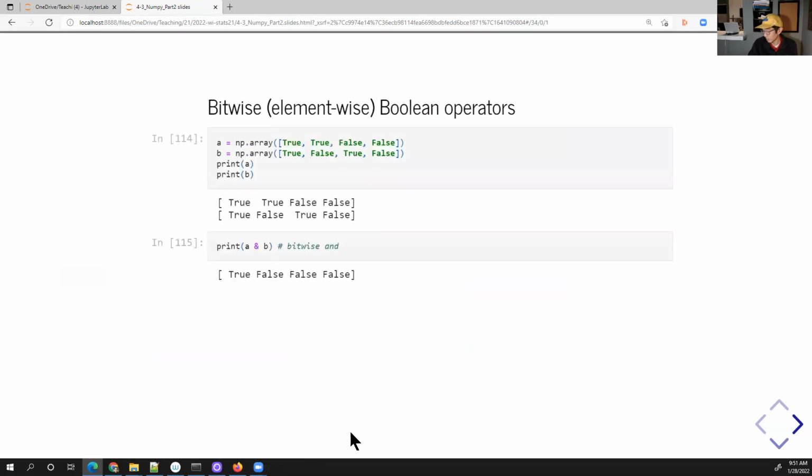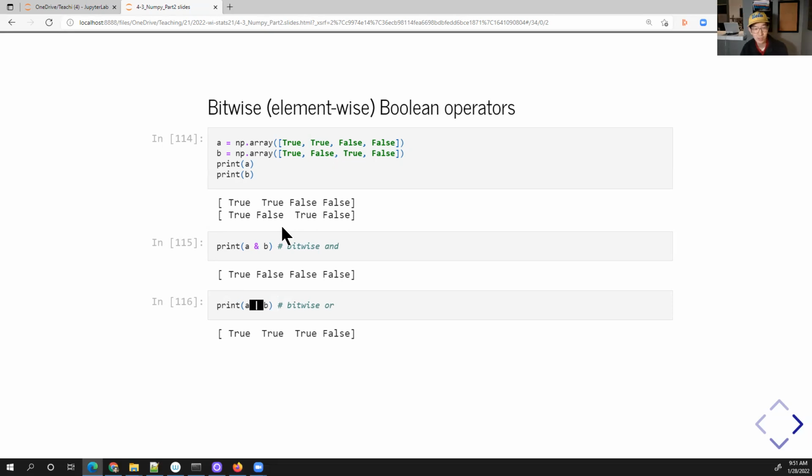You can do element-wise Boolean operations. So, you got the true, true, false, false. You have the and sign, ampersand, and the or. And these only work basically with NumPy operators, okay? Otherwise, if you've got an if statement, you should spell out the word and or spell out the word or.